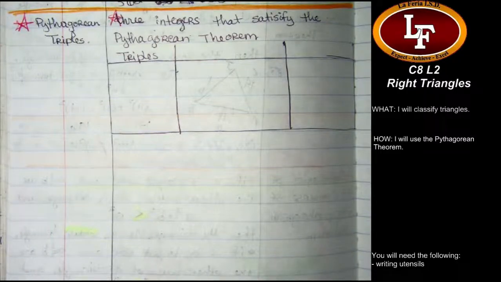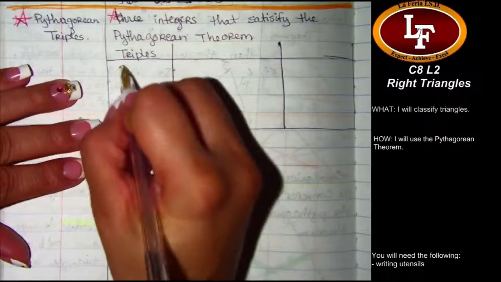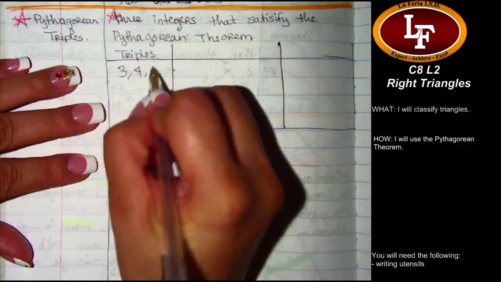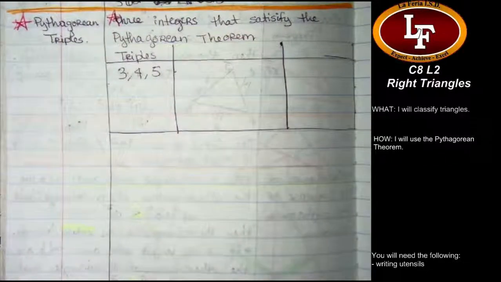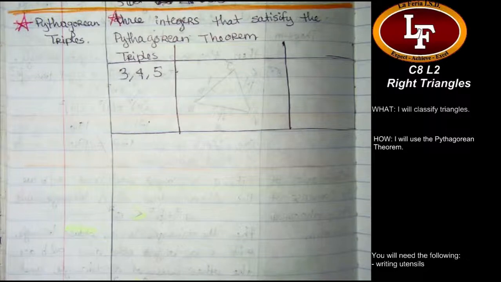When you move on to math apps, some of you have it this year, some are going to take it next year. Algebra 2, you're either going to take next year or are currently taking. These triples are going to come in handy. The first triple is 3, 4, 5. Try it real quick.